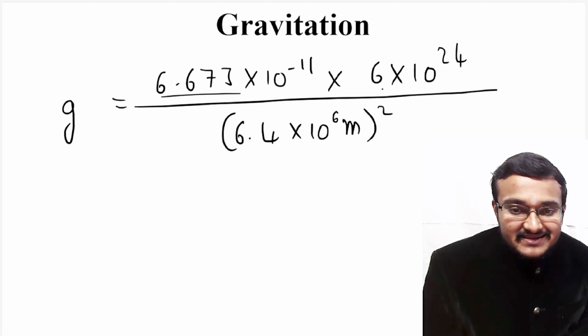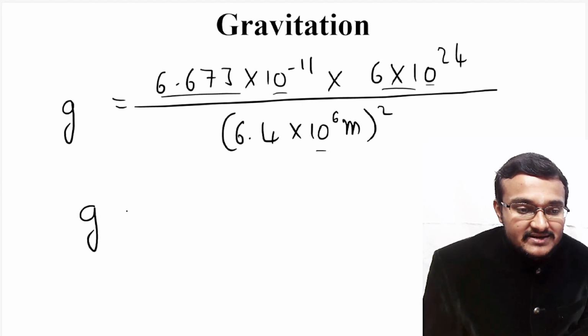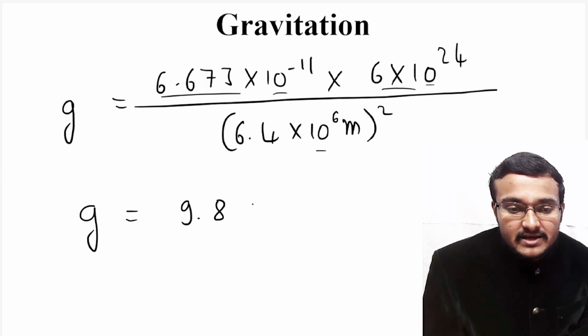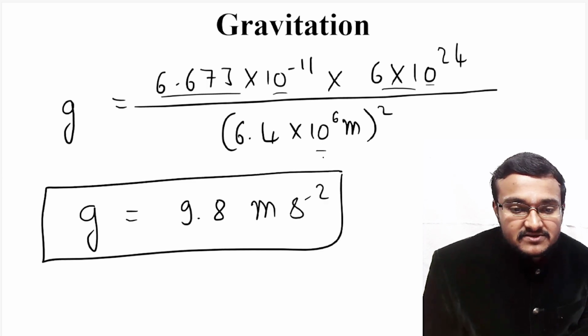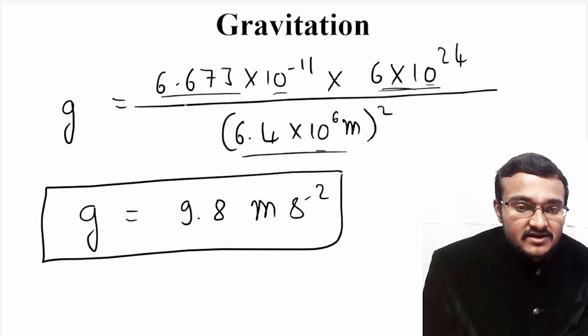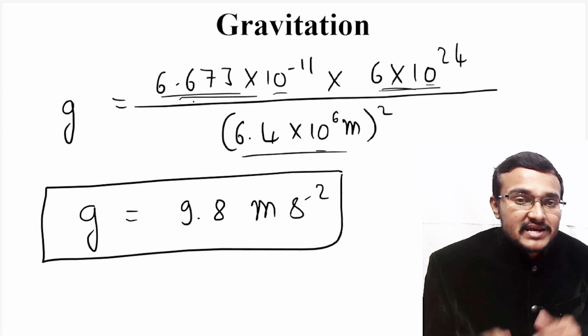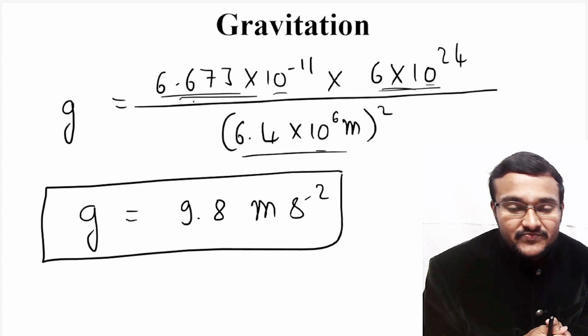If you calculate this considering all these powers properly, you will get g as 9.8 meter per second square as your answer. So by substituting the mass of Earth, the radius of Earth and the gravitational constant, you can calculate the acceleration due to gravity.